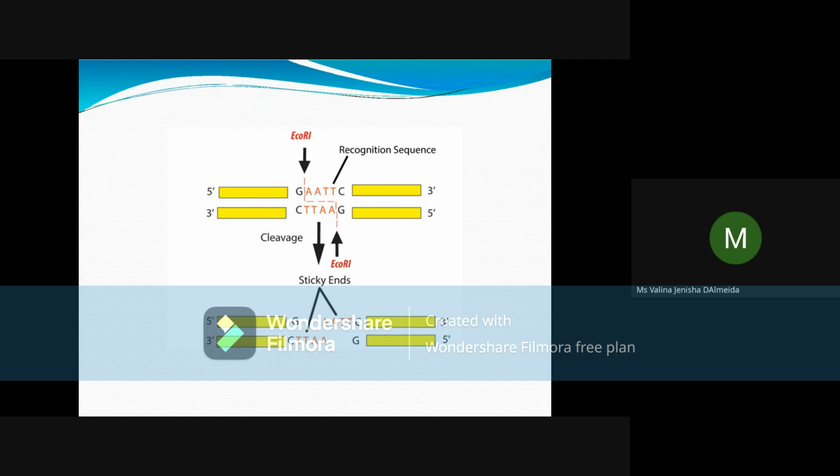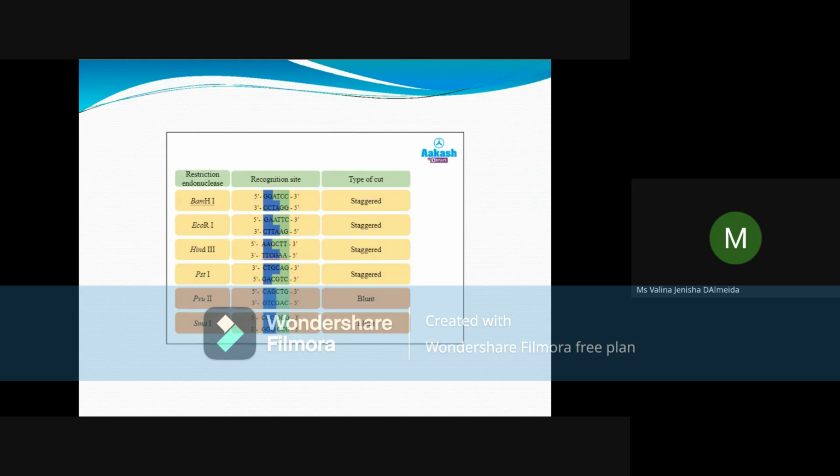Here, in the 5 prime end, 3 prime end, it recognizes AATT, and then palindromically identifies TTAA. So it cuts at those ends, and it gives you one overhang. A 3 prime end has a 5 prime overhang. That doesn't have double strands, it has a single strand, so we call it sticky ends.